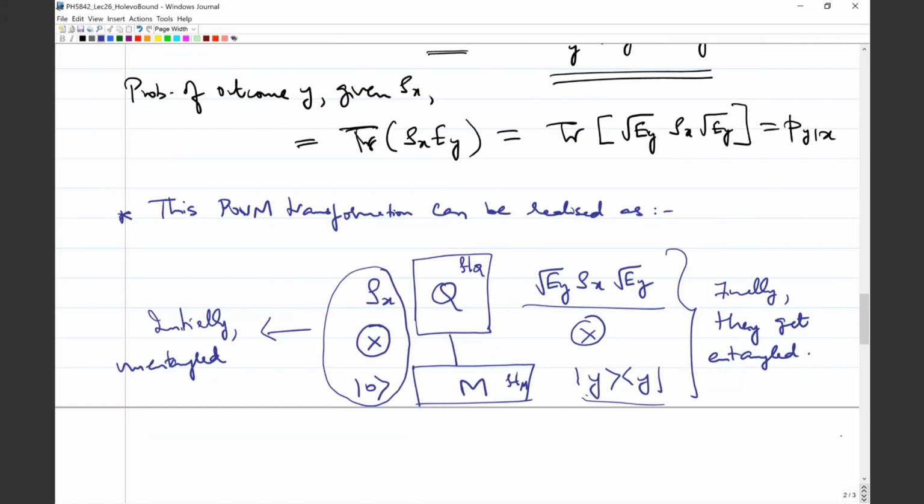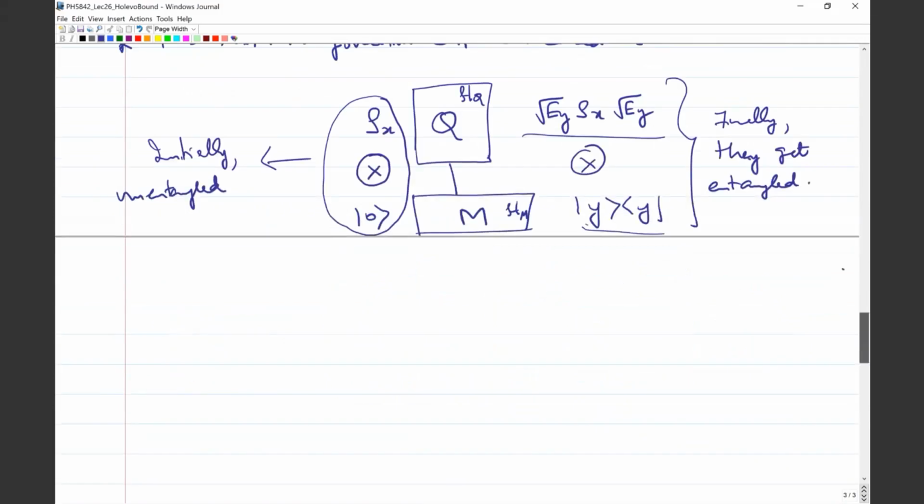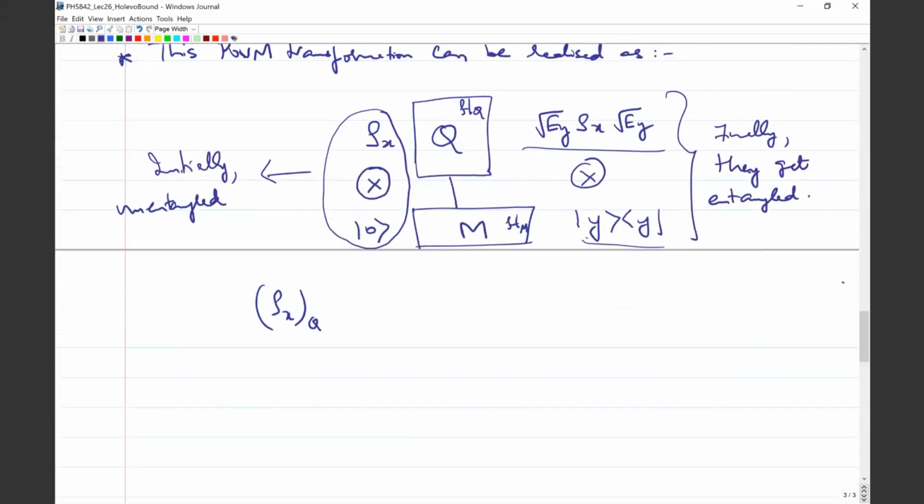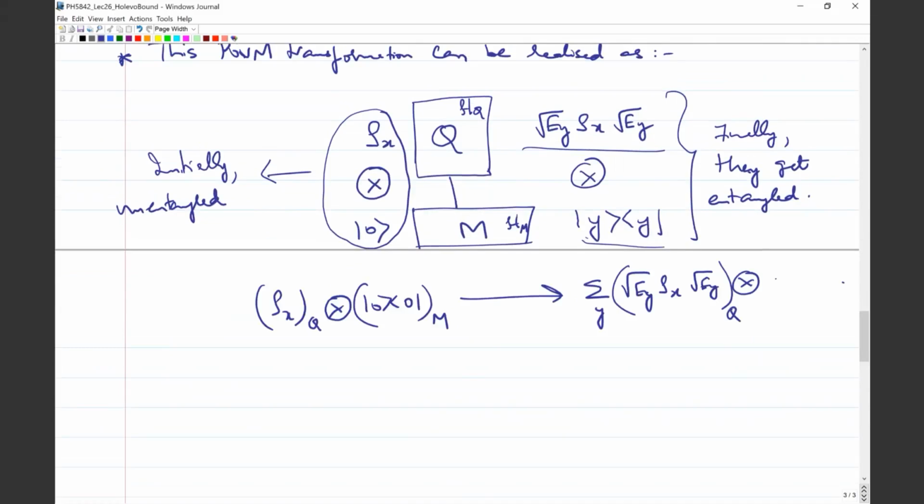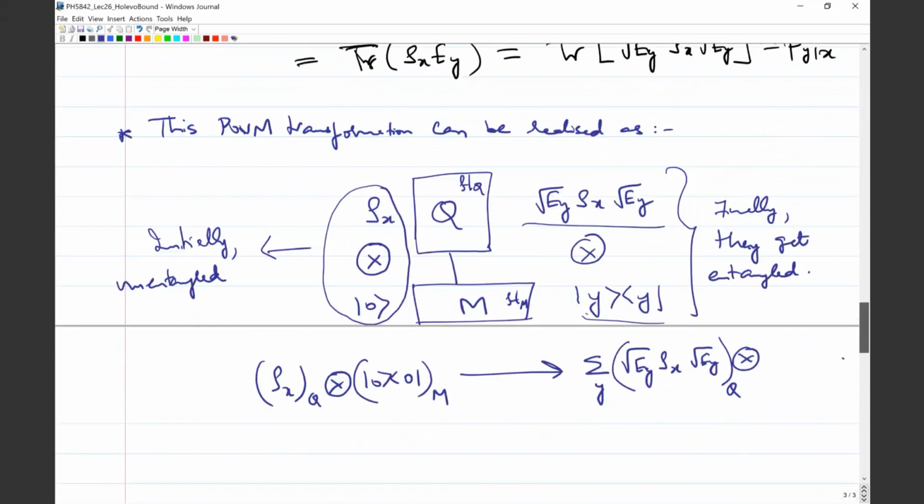So this transformation, which is rho x q and 0, 0 in M, going to sum over y, post measurement state associated with each y. This is again q. Right?